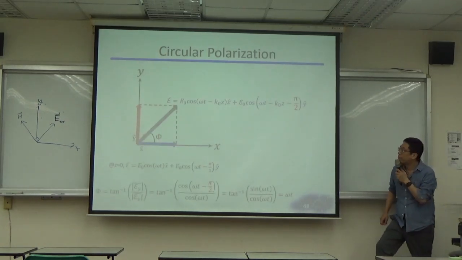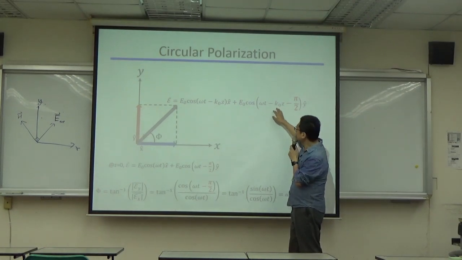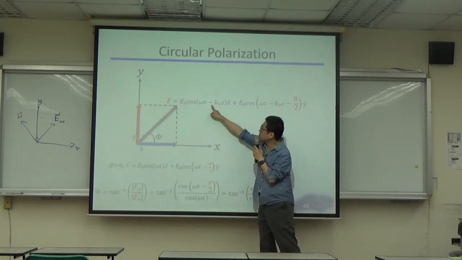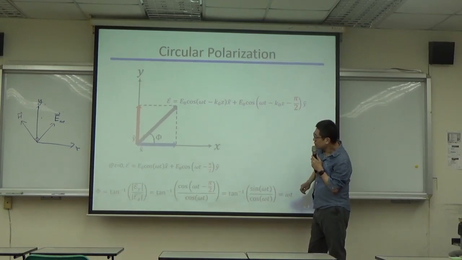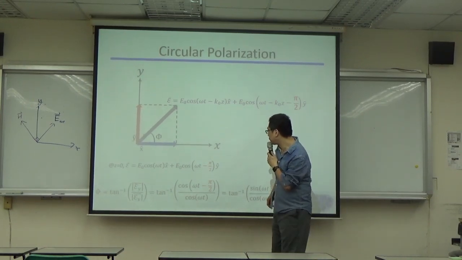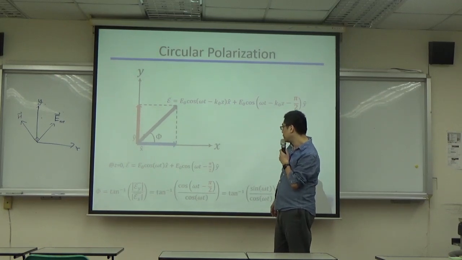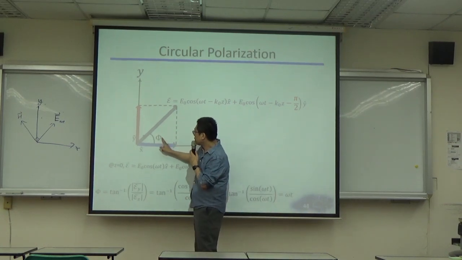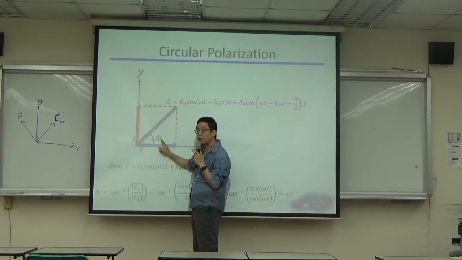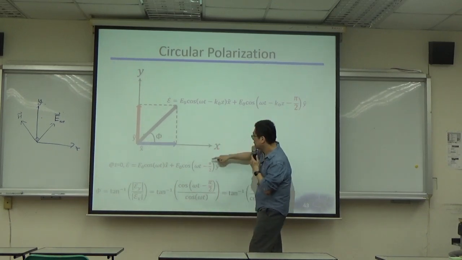If the phase is different, the total E field is this part plus this part, and you can write down the same thing here, but your angle phi is now different because the phase is different.